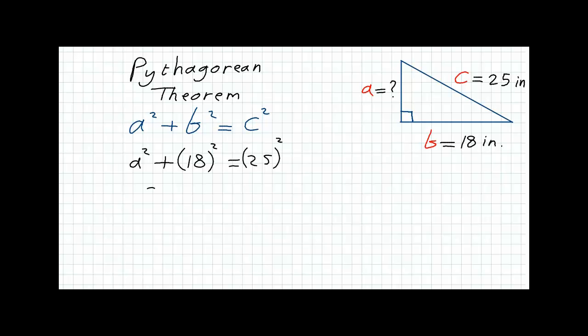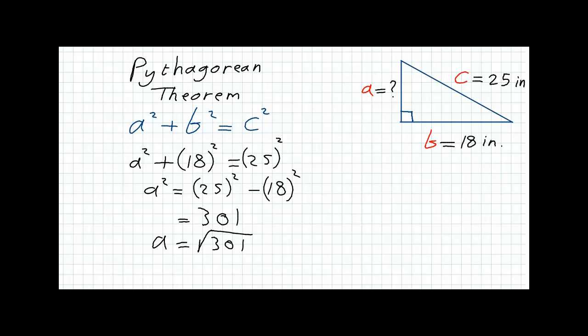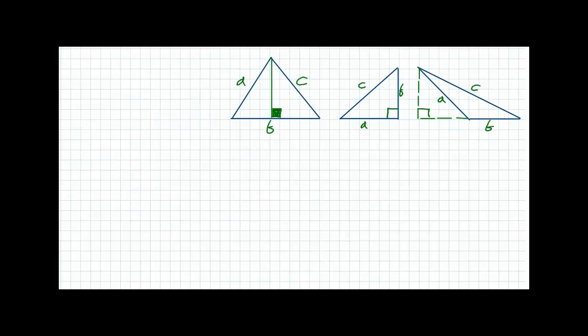So A squared is equal to 25 squared minus 18 squared, and this is going to be equal to 301. So A is going to be equal to the square root of 301, which is approximately equal to 17.35 inches.